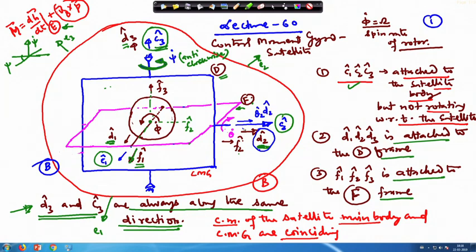This d 2 cap is a vector which is fixed in this pink frame, fixed in the blue frame, and it is pointing here in this direction. So, the question is how we are going to change this part.